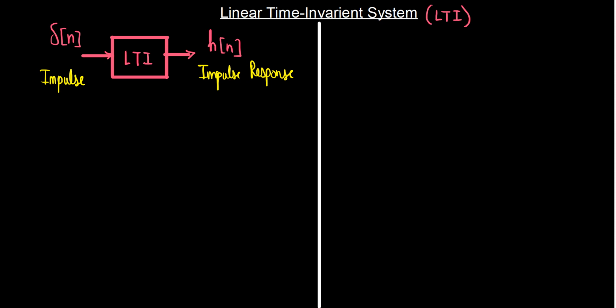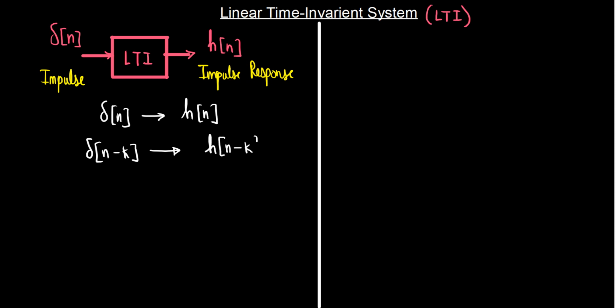Now we have del of n being applied, which results in the output h of n. Now as the system is time invariant, if we delay the input, say by k amount, it should result in an equivalent delay in the output, so it will result in h of n minus k. What is k?